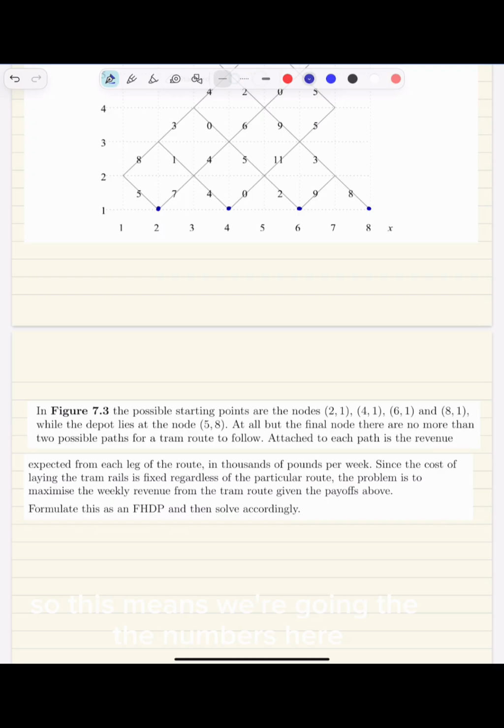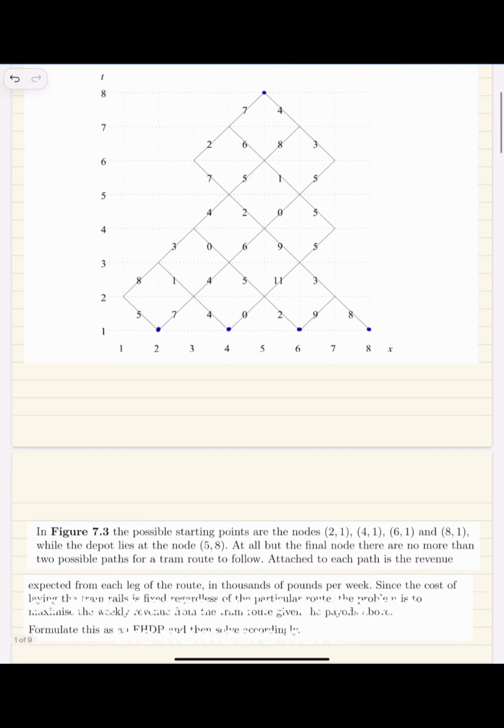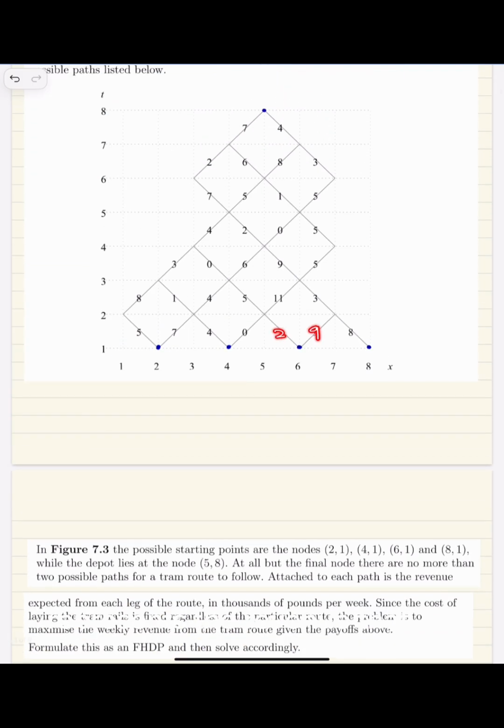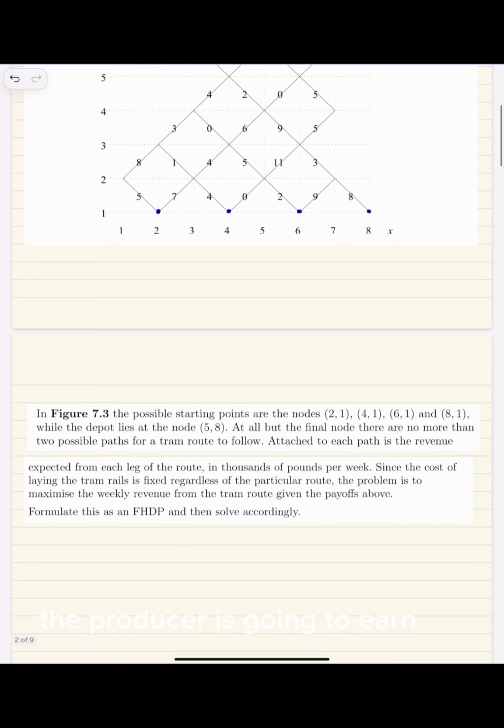So this means the numbers here represent the revenue that the producer is going to earn when the consumer travels along these paths. Okay, let me highlight that this is the revenue in thousands of pounds per week.